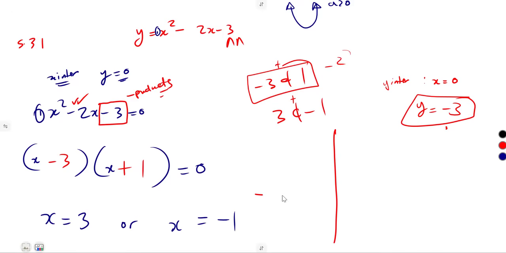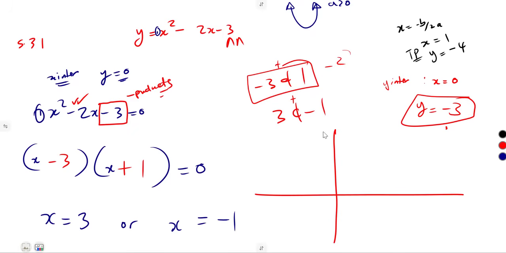Yes, we can find those minimum turning points, add these x values, divide by 2, or you can find it from -b over 2a. You're going to calculate that and you're going to get 1. You substitute into the y value and get -4 as a turning point. It's not necessary on this type where you are dealing with integration.